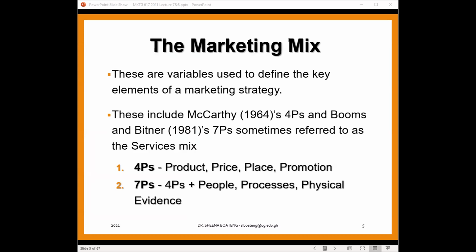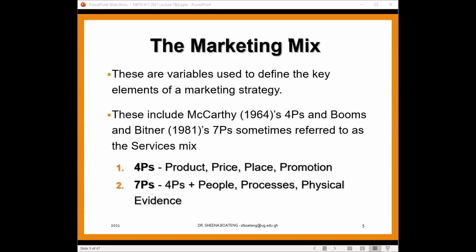However, when services became more popular, it emerged very quickly that the four P's were not enough to come up with strategies adequate to sell services, given that services have different characteristics from physical goods or products. So an additional set of P's was developed to accommodate the unique features of services that went beyond the features of traditional products or goods.